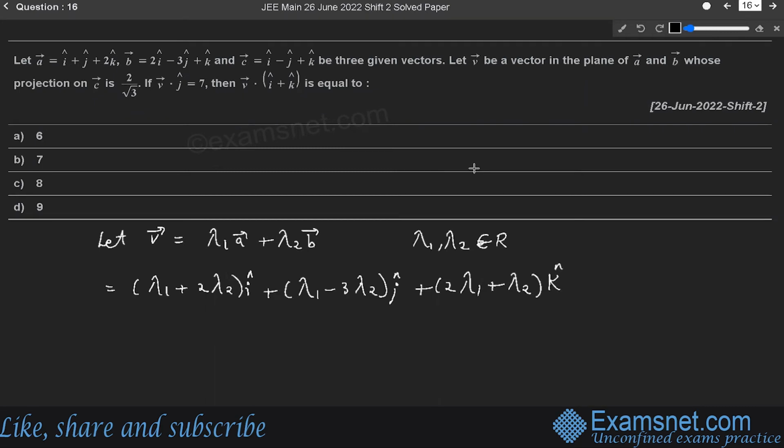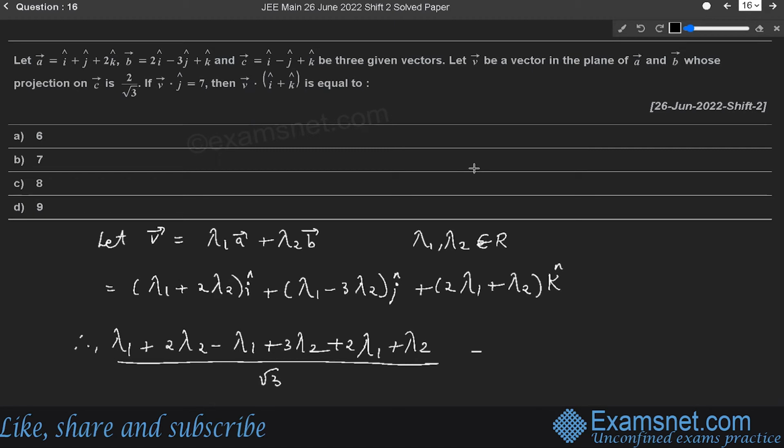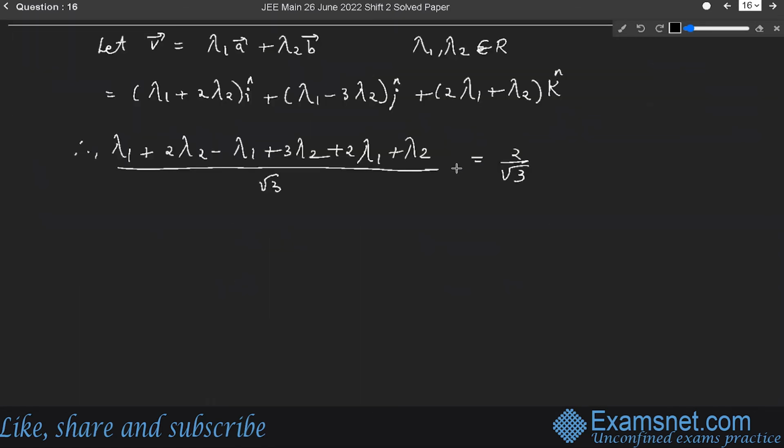Since the projection of V vector on C vector is given, which is 2 upon root 3, therefore (lambda 1 plus 2 lambda 2 minus lambda 1 plus 3 lambda 2 plus 2 lambda 1 plus lambda 2) divided by under root of 3 is equal to 2 upon under root of 3. Therefore, lambda 1 plus 3 lambda 2 will be equal to 1. Let this be equation number 1.